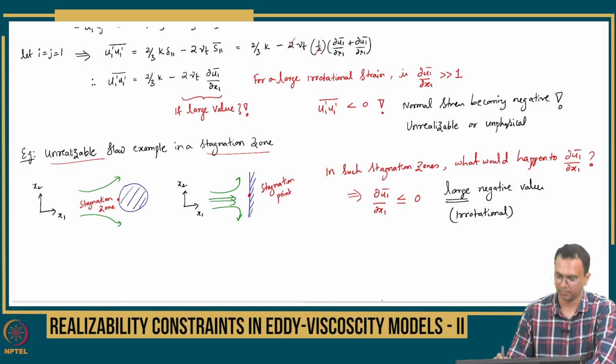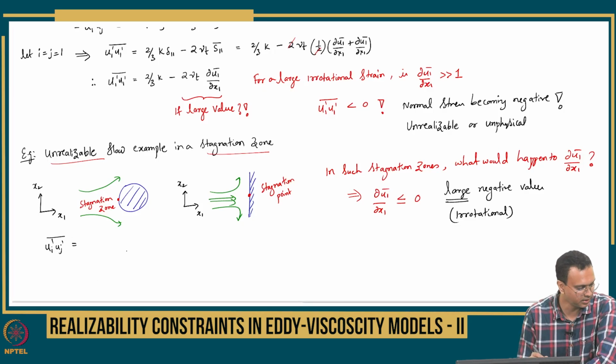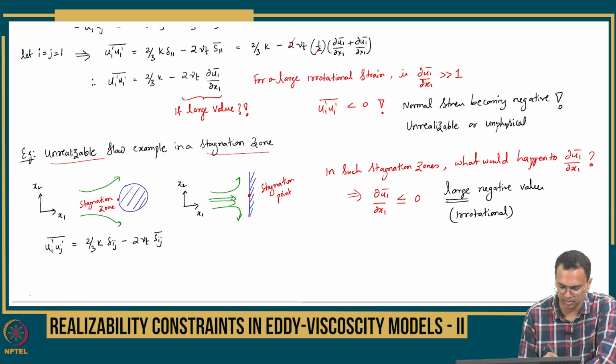let us look at the Boussinesq again. So I have ui prime average is equal to the same formula, right? 2/3 k delta ij minus 2 nu t Sij bar. If here I take i equal to j equal to 2, let's see what happens.